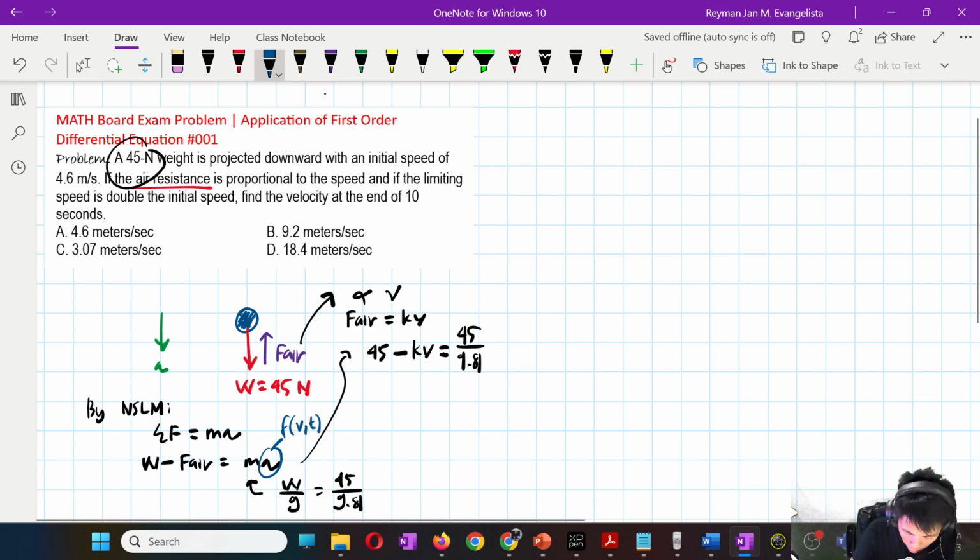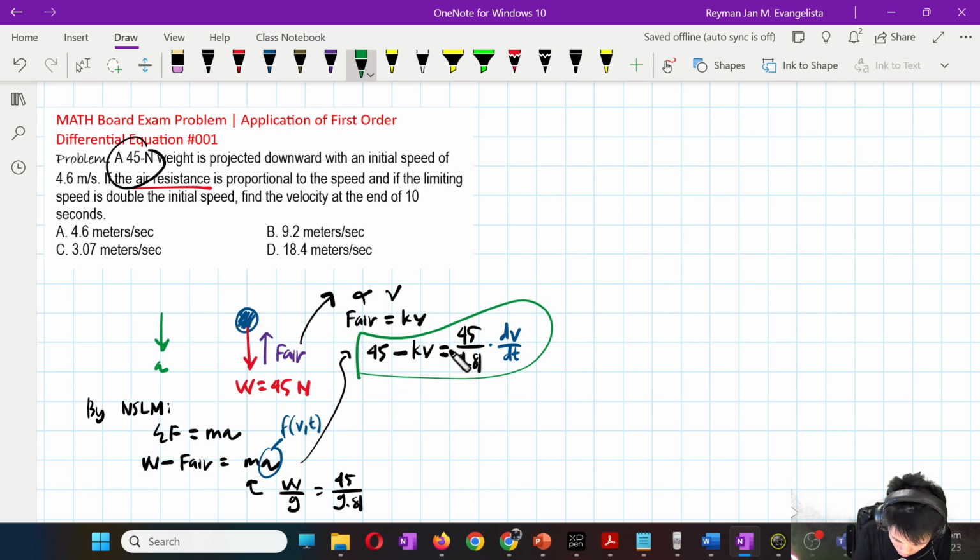The expression for a in terms of v and t is dv/dt. Remember, acceleration is the derivative of velocity. Before we solve this first order differential equation, we must first look for the value of k.